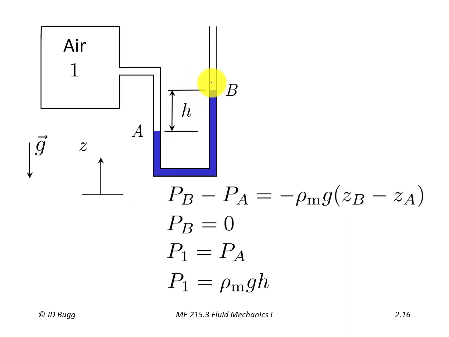Also, if this interface is moving up and down rapidly, it's going to be very difficult to read or to estimate what that h is. So quite poor dynamic response. Another problem with manometers is you can see what's going to happen here. If this air pressure, for whatever reason, gets too high, the manometer fluid could blow right out of this right leg here. So there's a relatively limited range of pressures that these can measure easily.